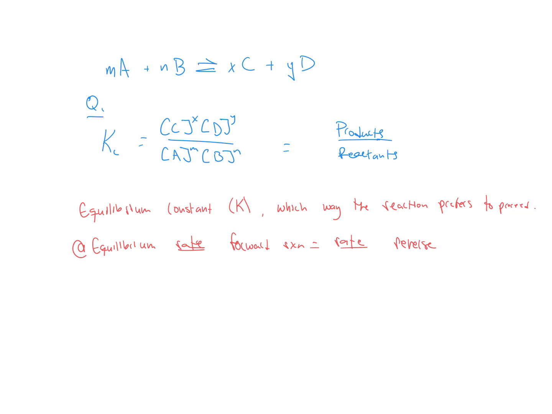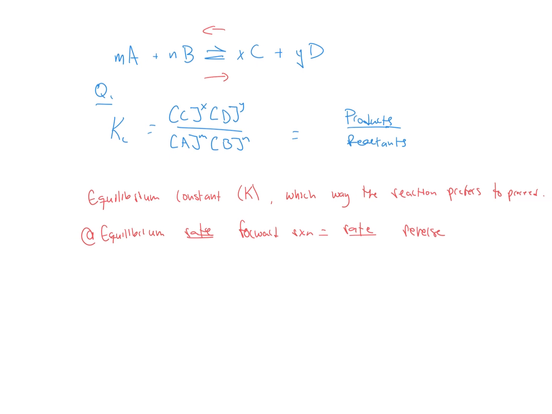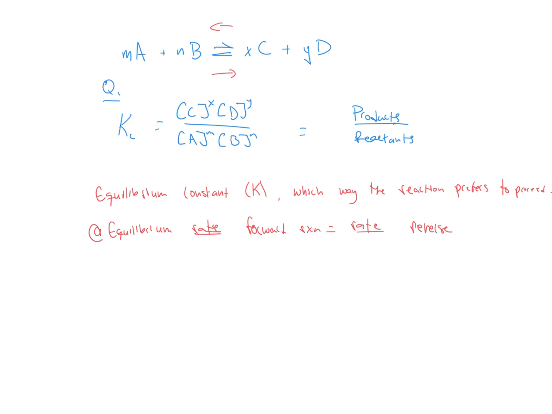Or you have unchanging concentrations, and as the forward reaction is happening in this direction, that's equal to this reaction going backwards. But this does not tell you anything about the concentration, and so that's where K comes in. So let's take these few examples here.